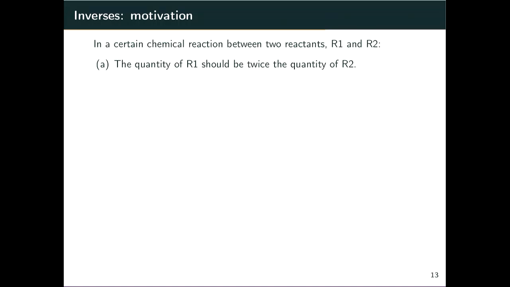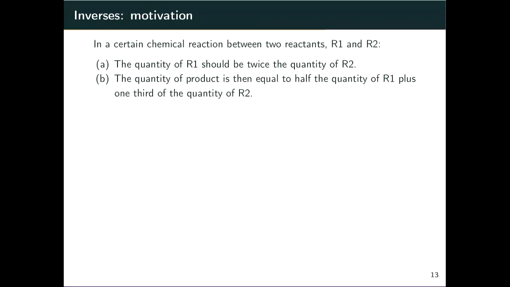If you have a chemical reaction with two reactants, R1 and R2, and you have the restrictions that the quantity of R1 should be twice the quantity of R2, and then the quantity of product is equal to half the quantity of R1 plus 1/3 of the quantity of R2. So they react together, they give you some product, and how much do you get? It's half the quantity of R1 plus 1/3 of the quantity of R2.